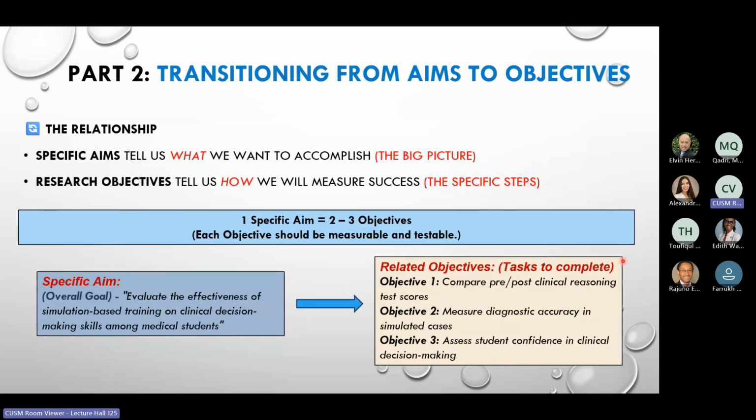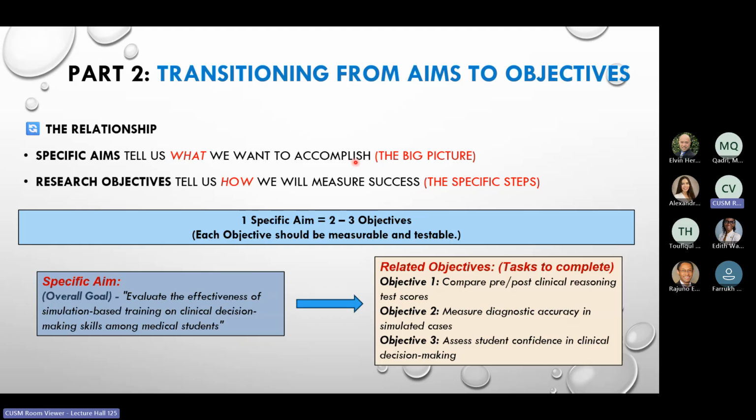We have just a couple slides here on transitioning from aims to objectives. They are not the same thing, believe it or not. Specific aim statements are very different from research objectives, but there is a relationship that I want you to identify here. And that relationship is that the specific aims tell us what we want to accomplish. It's really the big picture of our research projects.